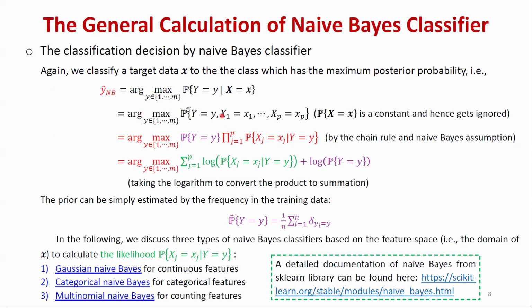Now this equals this, and by the chain rule we write it this way. From this line to this line, we already applied the naive Bayes assumption. Then we take the logarithm, because the logarithm of the maximum is still the same, still arg. So we get this.